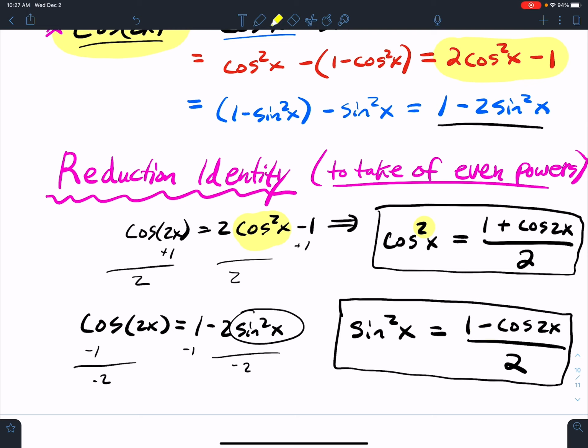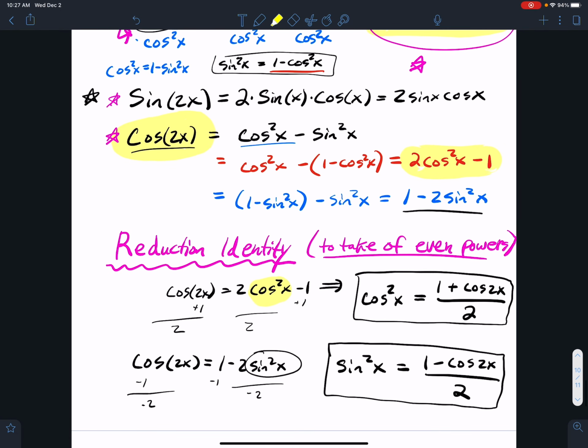Now, this is goofy, and a lot of stuff I do is goofy, but the way I remember which one it is, the plus or the minus, is if it's cosine, I add the cosine in, and if I do sine squared, I'm subtracting the cosine out. Okay, so no mathematical reasoning to that, just my clever way of memorizing it, if you could even call it clever. All right, so these are the big identities.